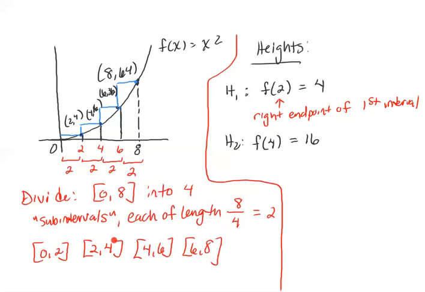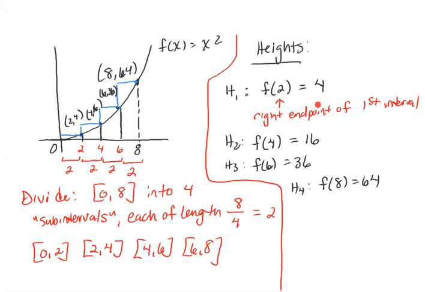It's 4. I can find the other heights similarly. The height of the third region is f of 6, which is 36. And the height of that fourth region is f of 8, which is 64.